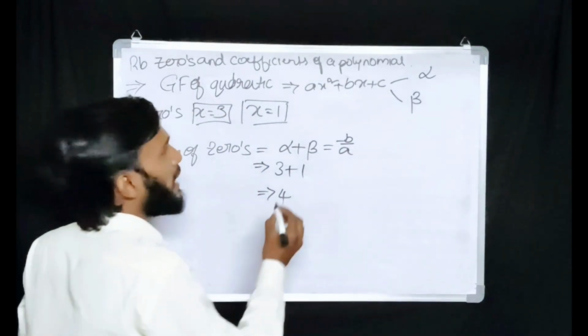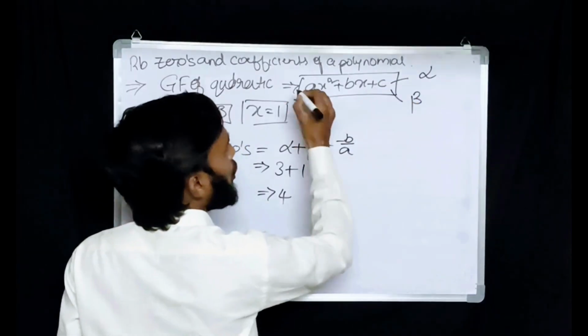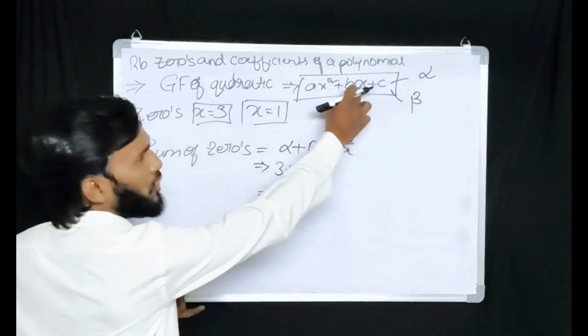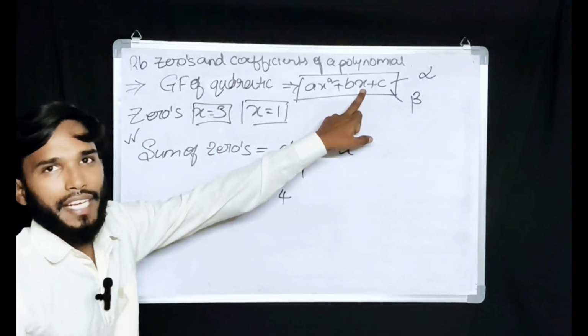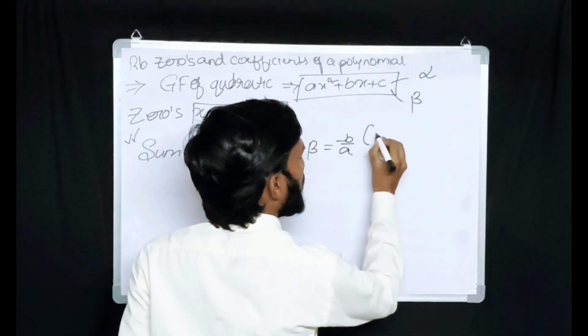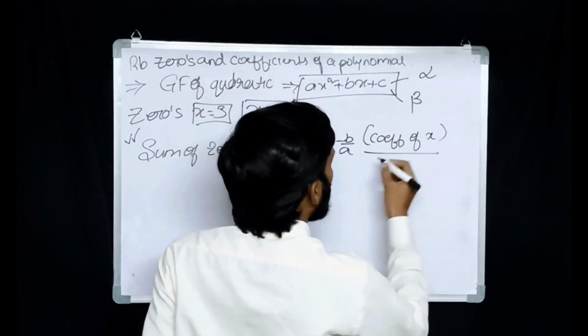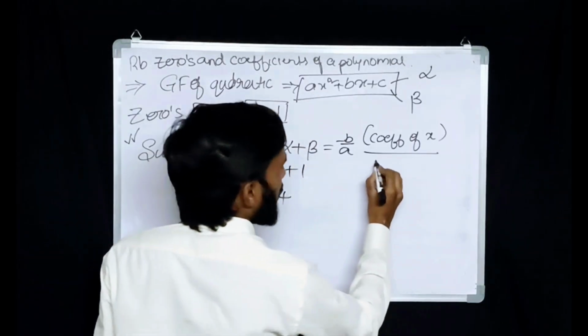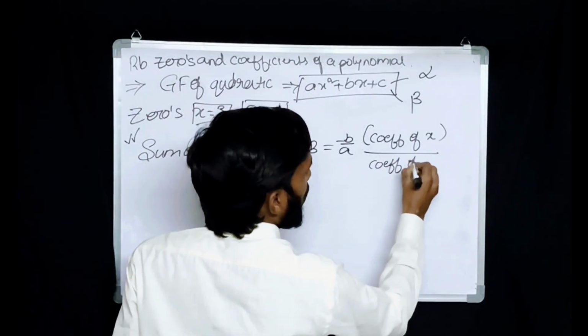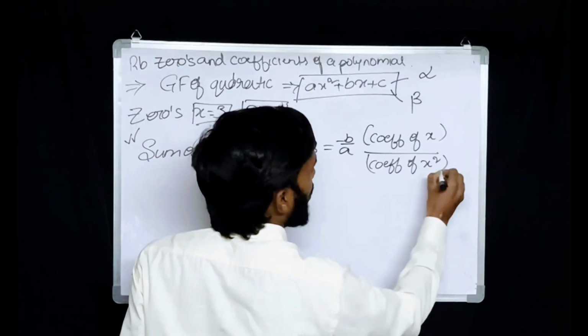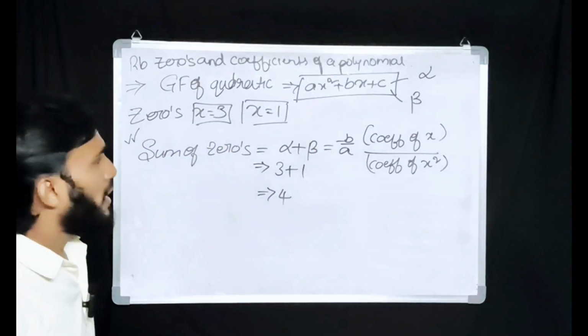In this quadratic polynomial, b is the coefficient of x, and a is the coefficient of x². So this is minus b by a.